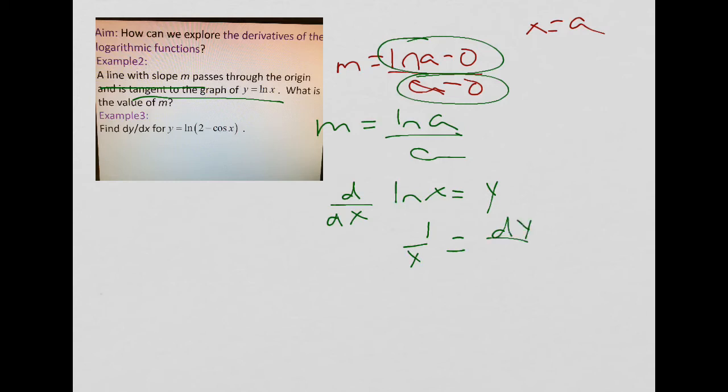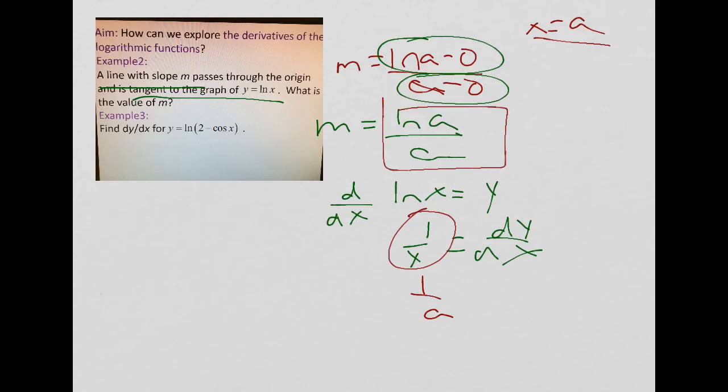This is like our dy over dx. So if x is a, then 1 over a would be our slope here, because it's at a particular point, we just don't know where it is. And they're supposed to be the same. So we're going to set them equal to each other, and we cross multiply.